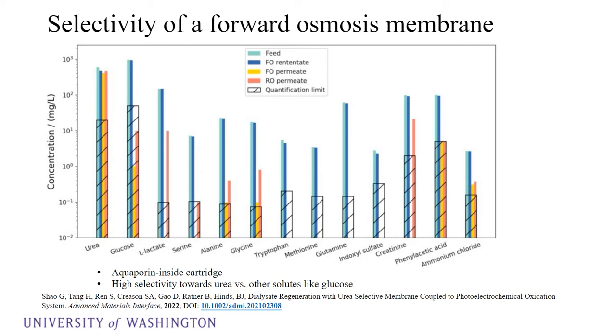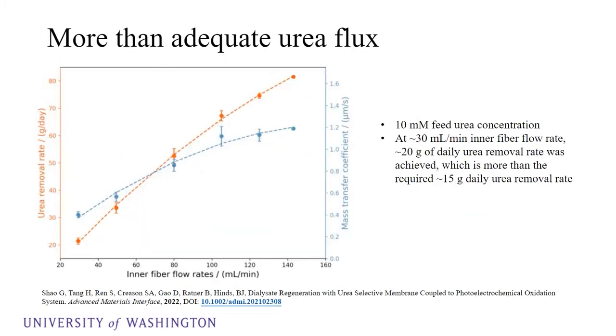And the trend is similar for other retention solutes, such as the amino acids and uremic toxins on the far right. So we have found a commercially available membrane that's highly selective to urea diffusion, which at the same time cuts off glucose diffusion.